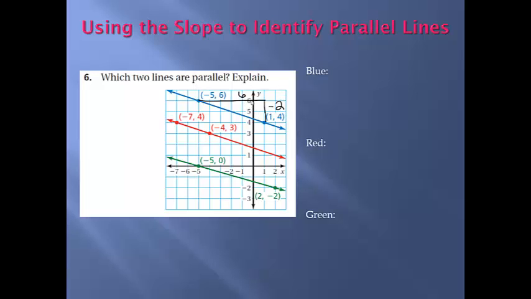So for the blue line, our rise was a -2, and our run was 6. -2 over 6 simplifies to -1/3. Now for the red line. For the red line, we're going to go over 1, 2, 3.